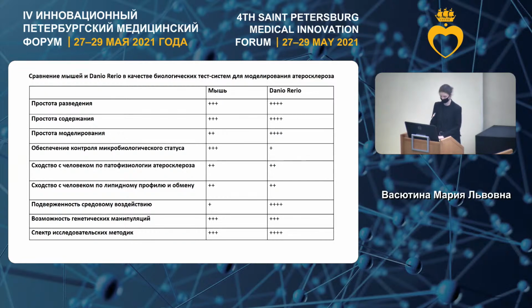As for similarity between Danio rerio and humans, well, mice do not produce an unstable atherosclerotic plaque. Quite the contrary, mice produce a stable atherosclerotic plaque. However, a plaque rupture is very exciting to study its pathogenesis.